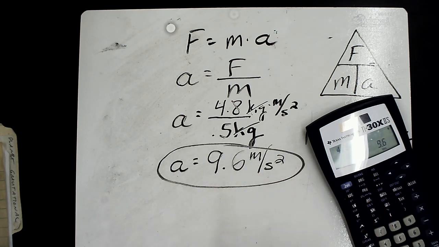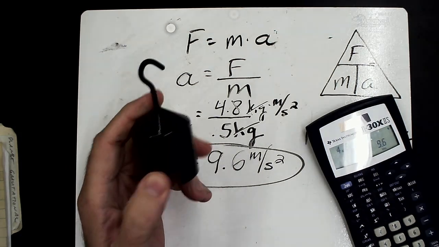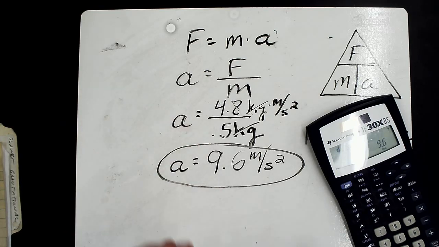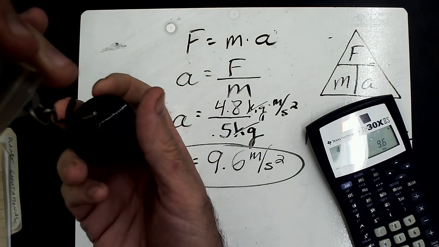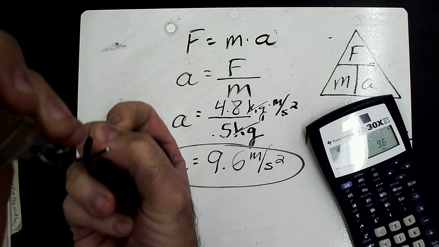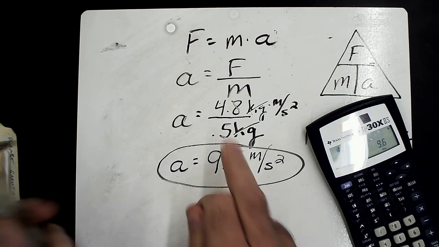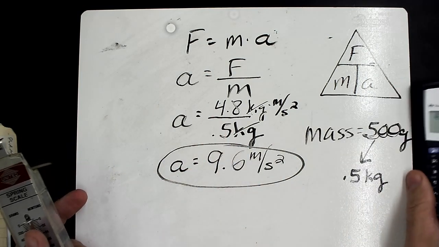Now, what does that number mean? That means this mass right here, if I was to drop it out of an airplane, now remember I measured the weight on the scale. Gravity is pulling this down with a force, and that's the force right there. Its mass is 0.5 kilograms.